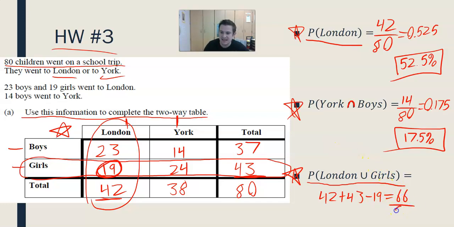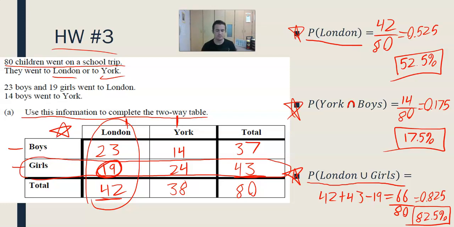So 66 out of a total of 80 students either went to London or were girls. 66 divided by 80 as a decimal is 0.825, which is 82.5%. So 82.5% of the kids on this trip either went to London or they were girls.